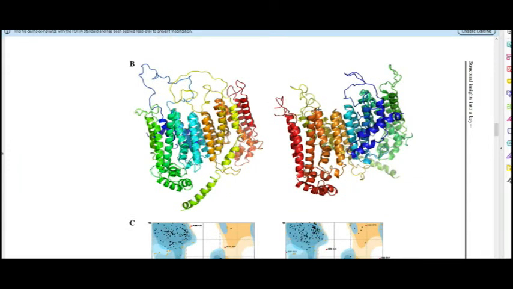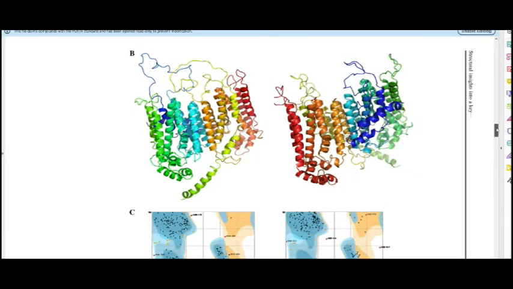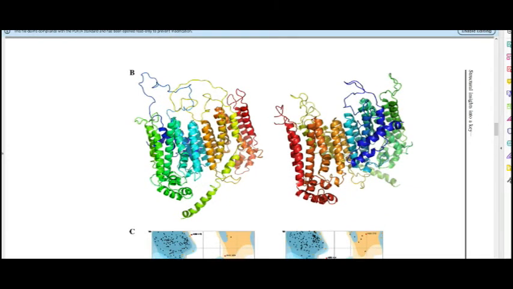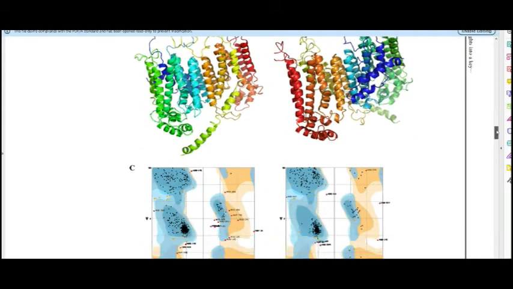And so these are the protein structures that they predicted. These were not obtained from X-ray crystallography like all the other ones were, or cryo-EM, which is fast becoming very common for obtaining structures.